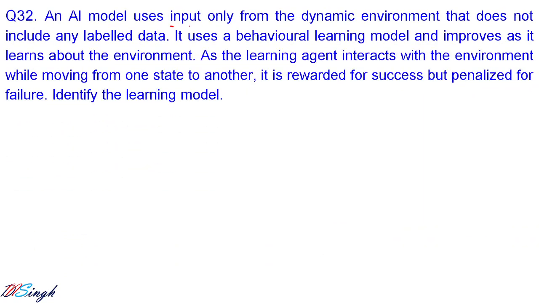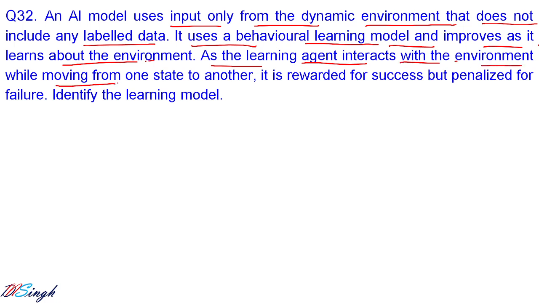An AI model uses input only from a dynamic environment that does not include any labeled data. It uses a behavioral learning model and improves as it learns about the environment. As the learning agent interacts with the environment while moving from one state to another, it is rewarded for success and penalized for failure.